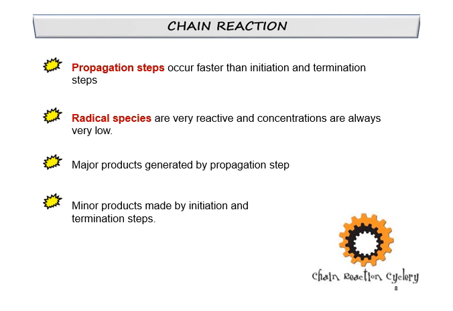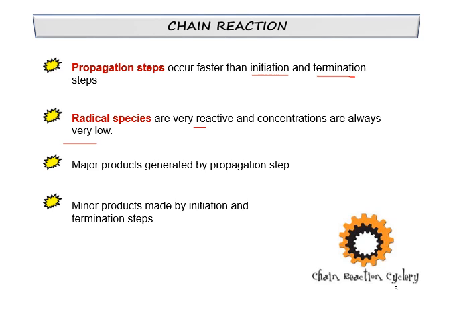Okay, you have to note that you have to know that the propagation steps occur faster than initiation and also termination steps. And radical species are very reactive and concentrations are always low. Sebab apa? Kita tak sempat nak measure the concentrations because the radical species dia berubah sangat cepat.